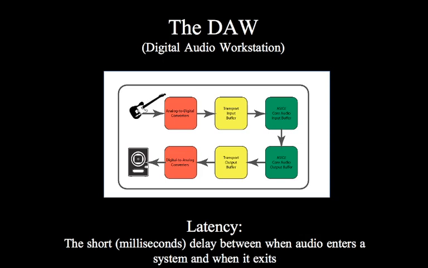Now, with DACs, with digital to analog converters that we have now, and with the processing power of pretty much most computers, we can get latency down low enough that it doesn't really bother us as humans. There isn't such a delay that it's distracting when you're trying to synchronize your own performance with the computer.